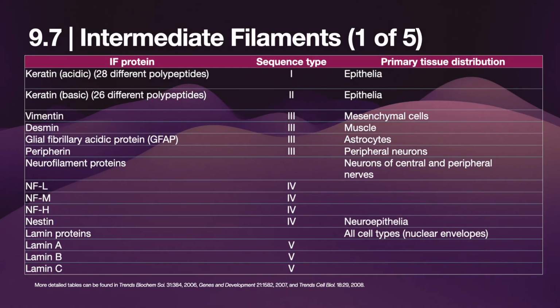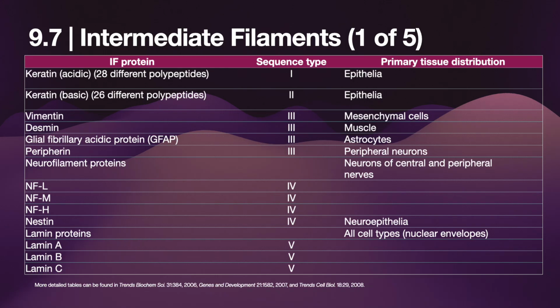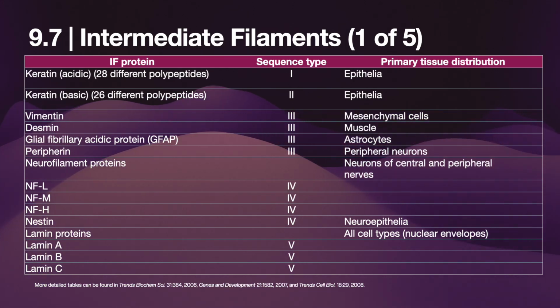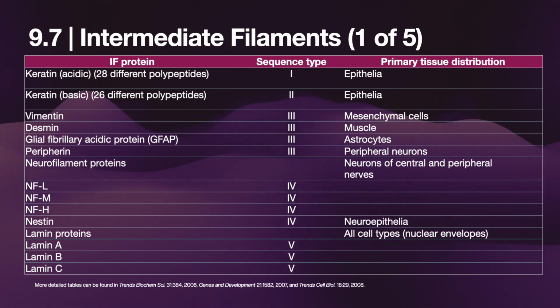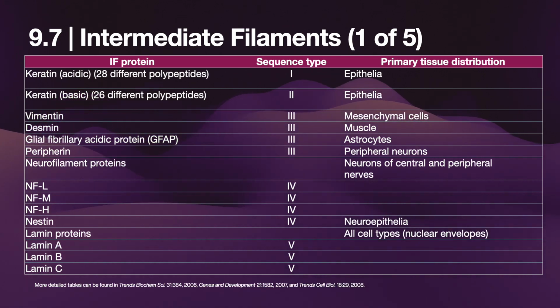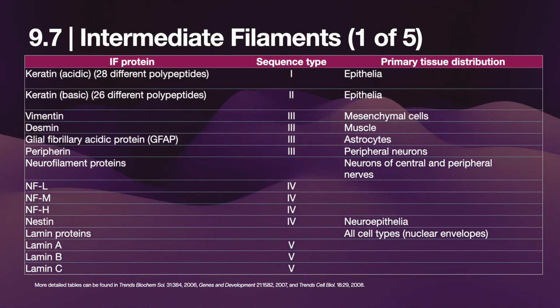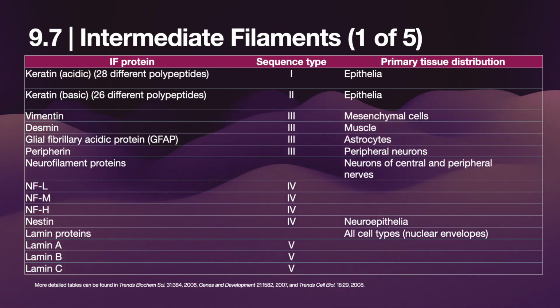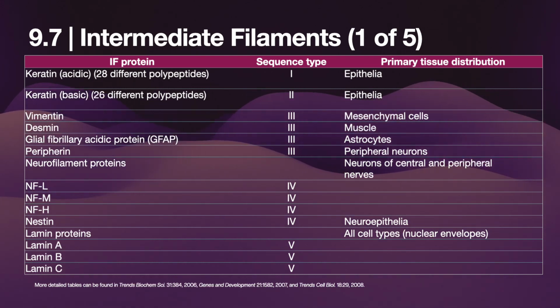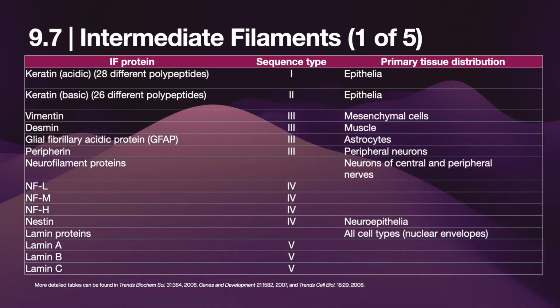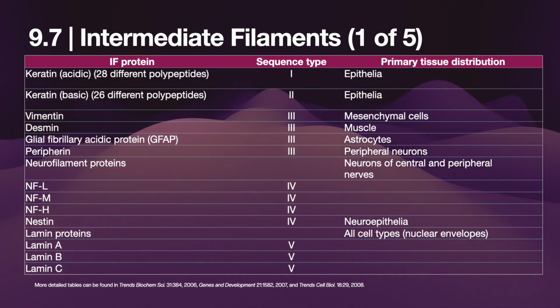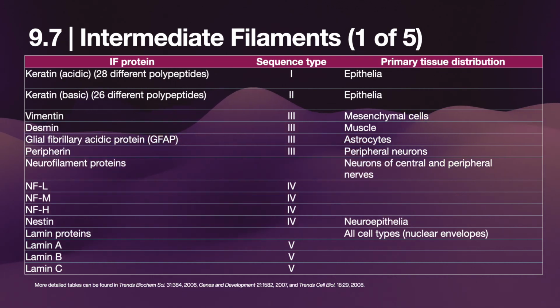These are the IF proteins like keratin, acidic and basic, vimentin, desmin, glial fibrillary acidic protein, peripherin, neurofilament proteins NFL, NFM, NFH, nestin, and lamin proteins A, B, and C. And there are sequence types 1, 2, 3, 4, and 5. You will see in the table their primary distribution in tissues.